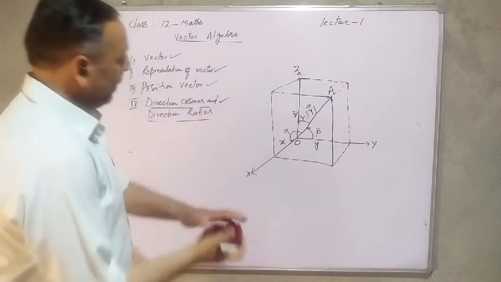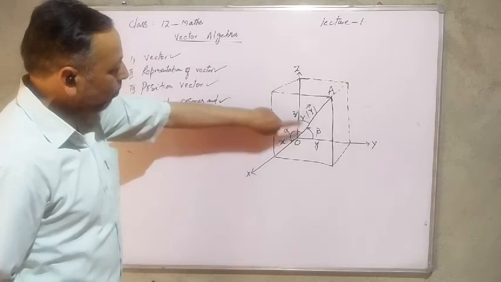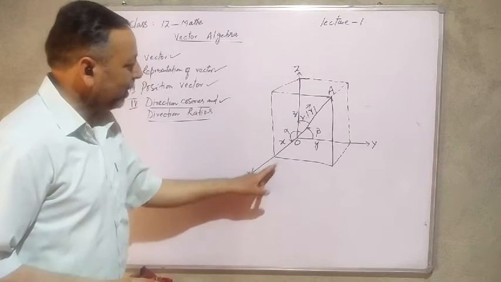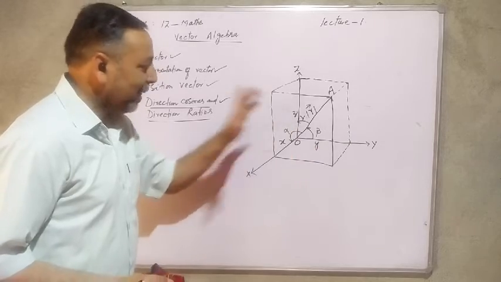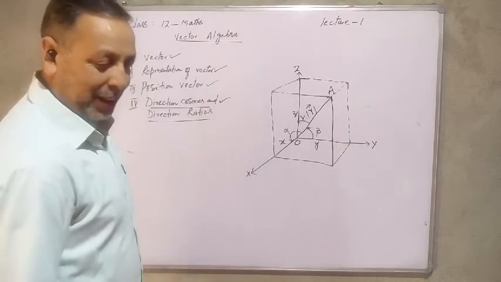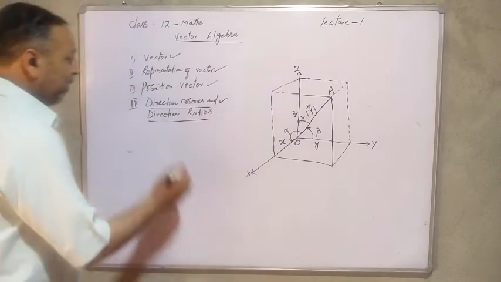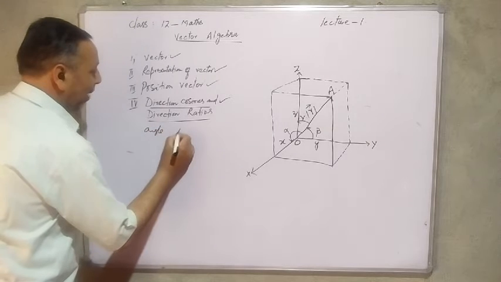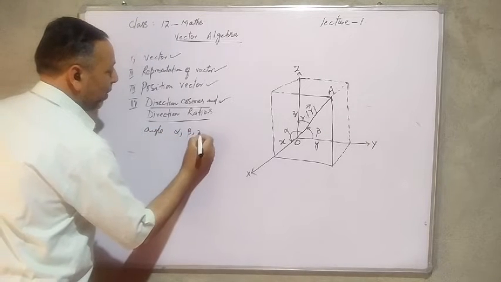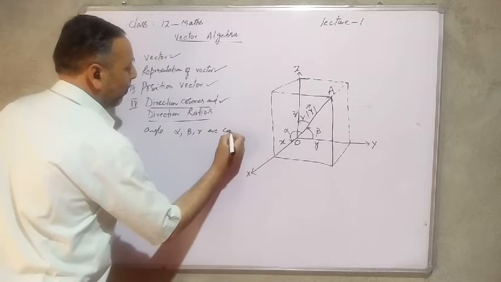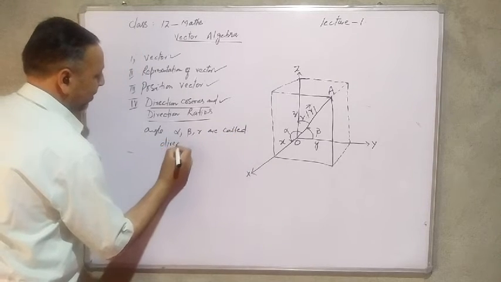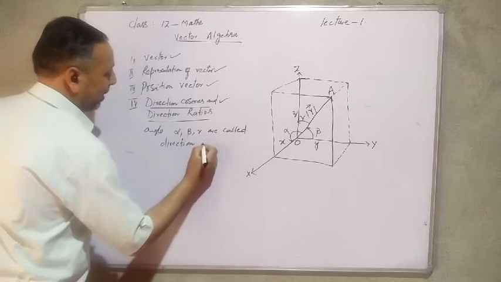Now, these angles alpha, beta, and gamma, which this position vector OA makes with the x-axis, y-axis and z-axis, are called direction angles.